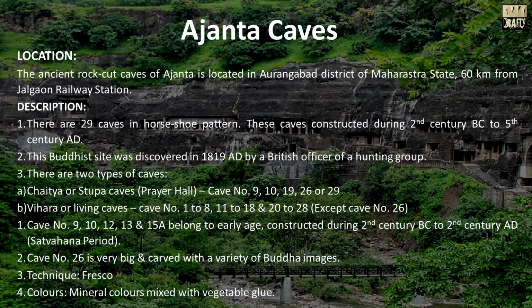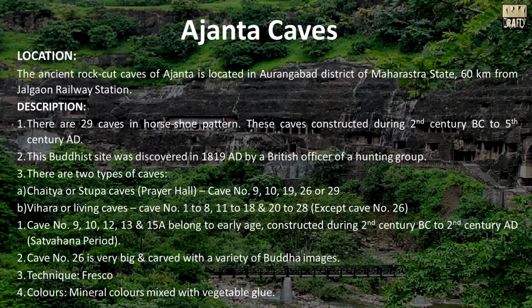Ajanta Caves. Location: the ancient rock-cut caves of Ajanta are located in Aurangabad district of Maharashtra state, 60 km from Jalgaon railway station. Description: there are 29 caves and these caves were constructed during the 2nd century BC to the 5th century AD.